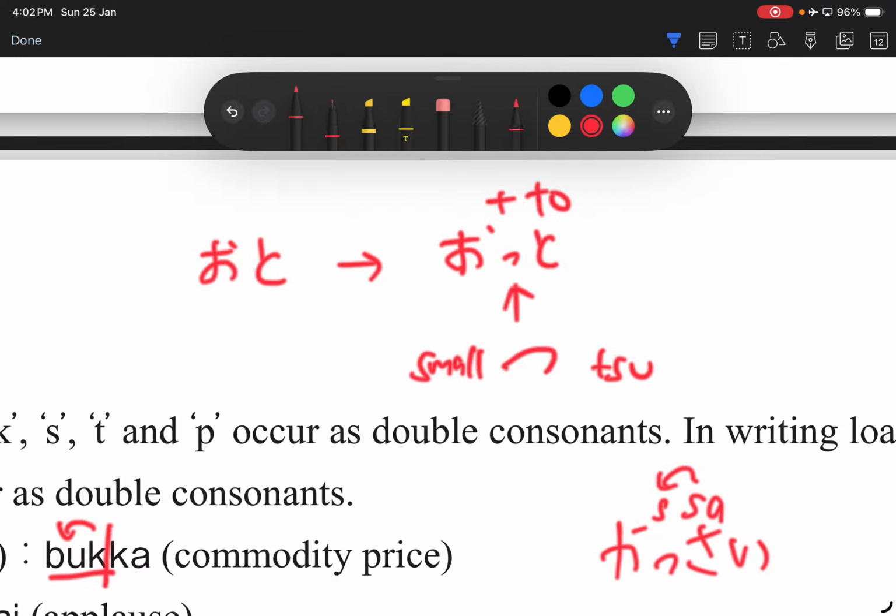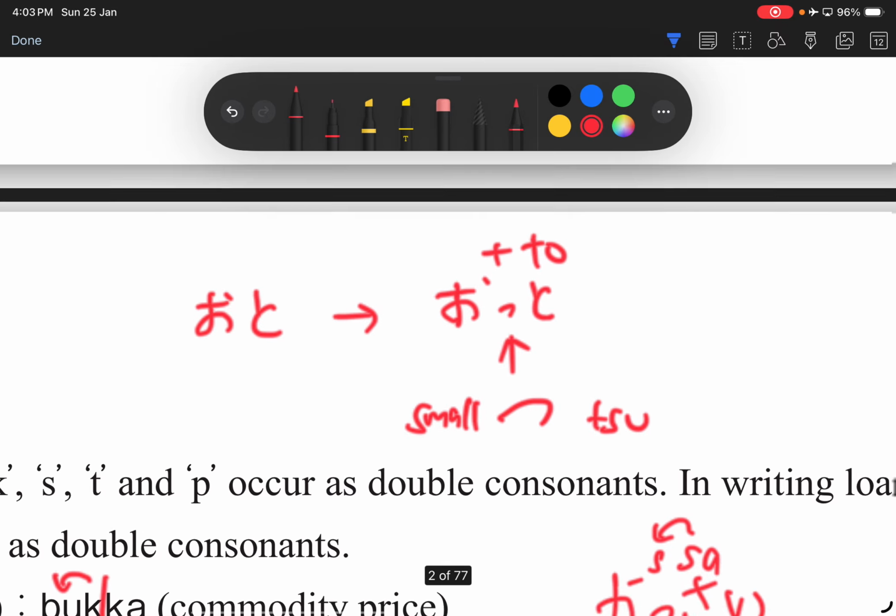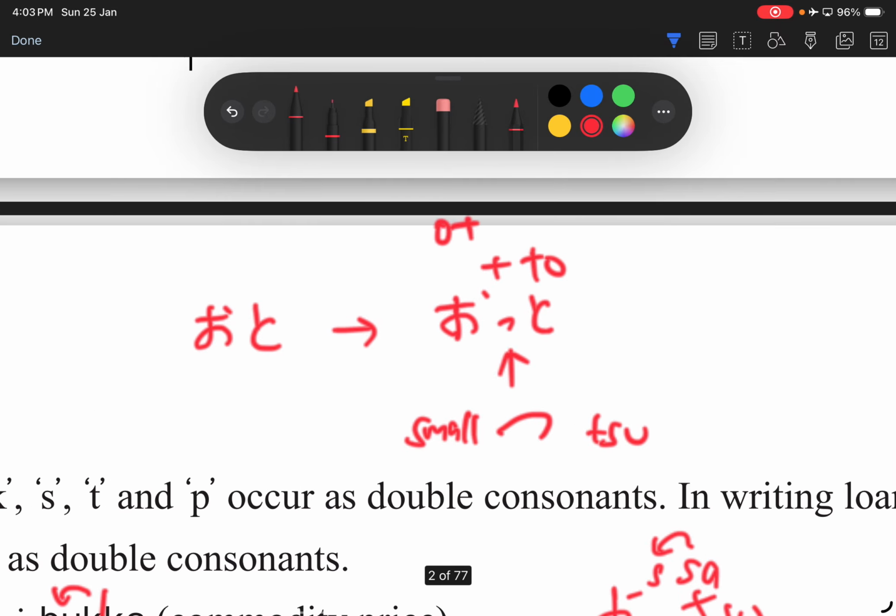So this is considered mora. Mora is how we pronounce. So o is one mora, to is two mora. Oto, this is considered as one mora. So this is o, this is ot. So this is the OT sound.